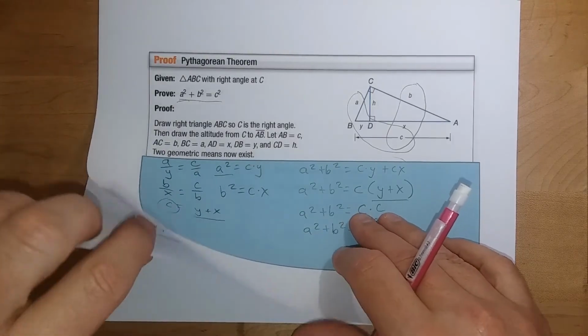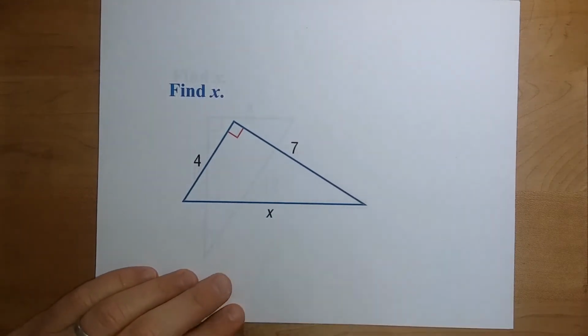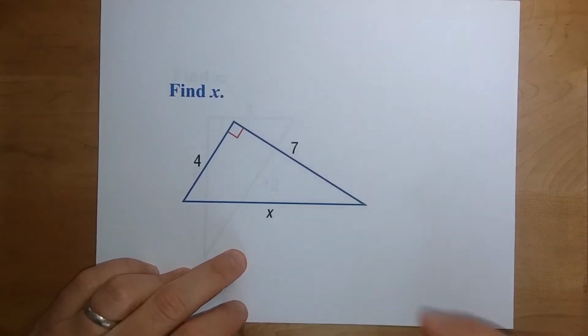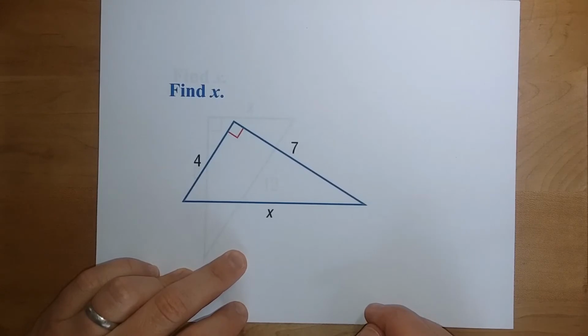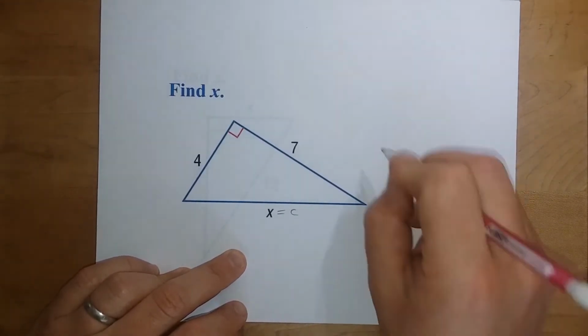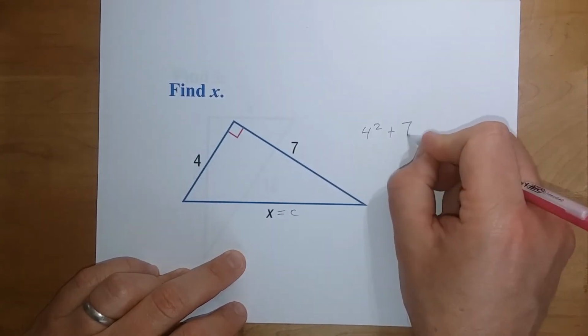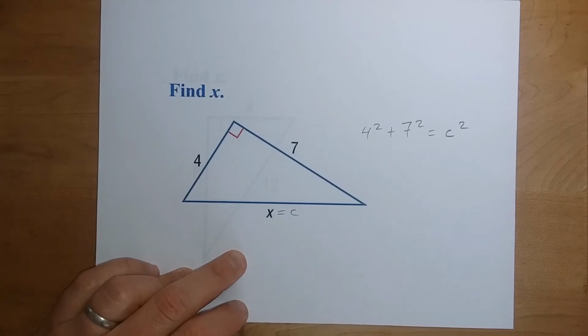Let's try a couple of examples. Here's an example. I want us to find x. Now, the only way you can really make a mistake with the Pythagorean theorem is if you get c in the wrong place. In this particular problem, x equals c. So we want to do 4 squared plus 7 squared equals c squared, or x squared.